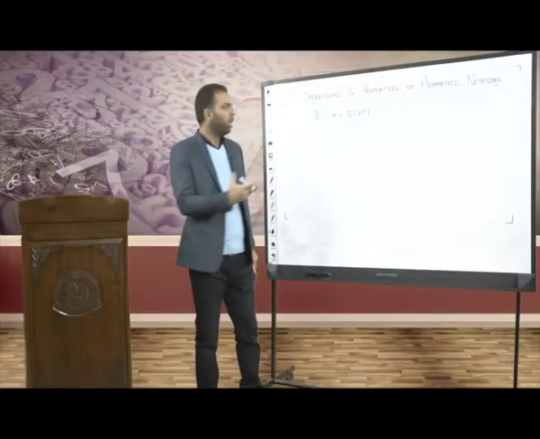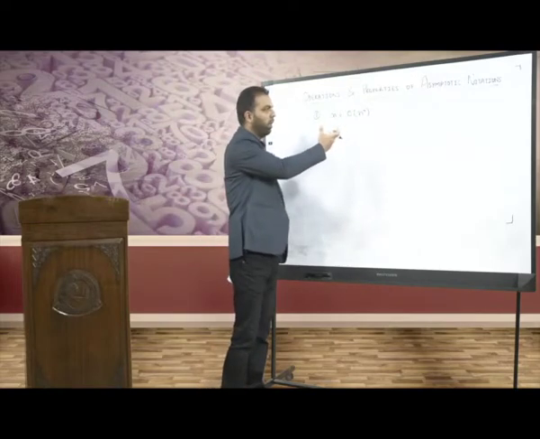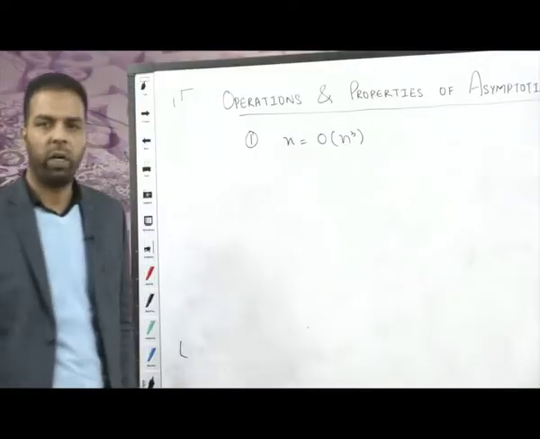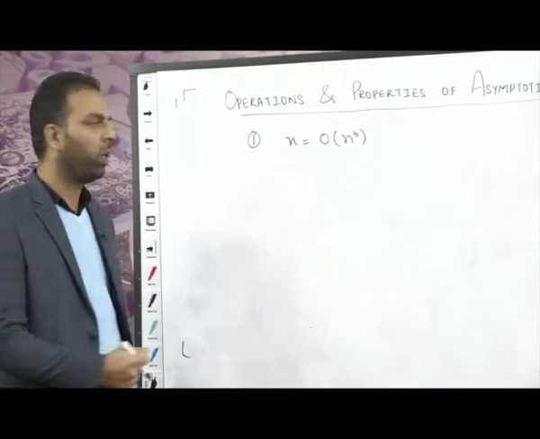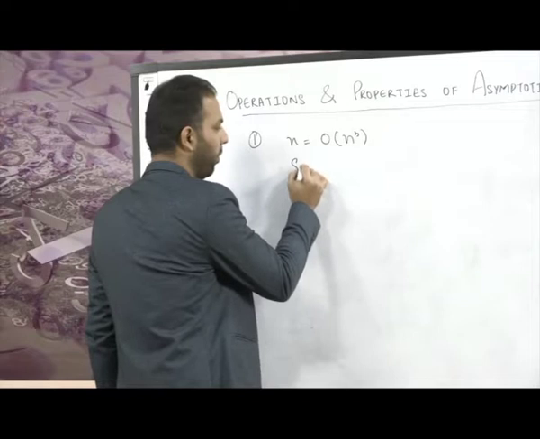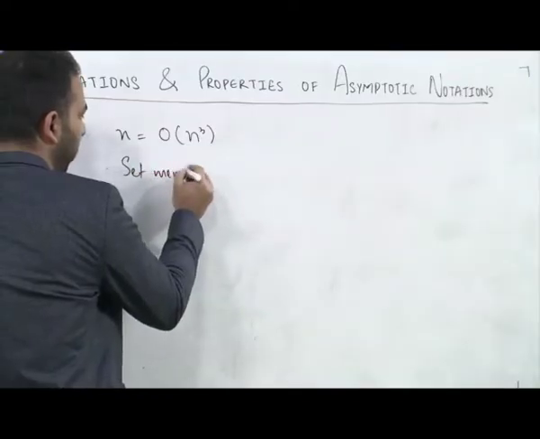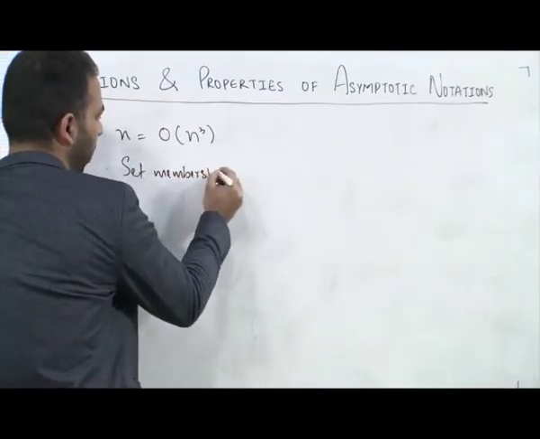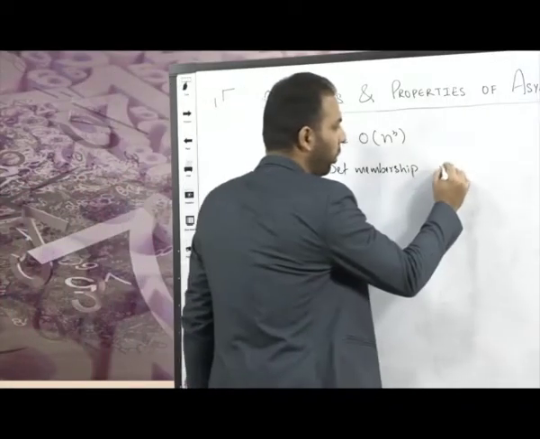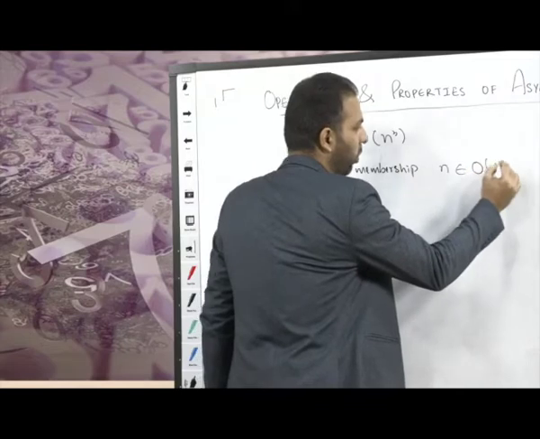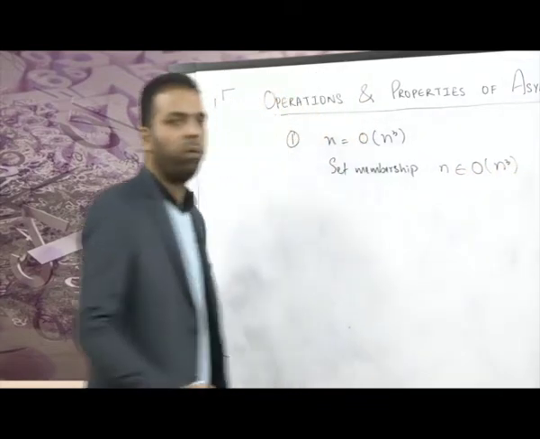So if your asymptotic notation, that is big O, is on the right hand side of the equation, what does it mean? We have already seen that it simply means set membership. That means that n belongs to order of n cube.